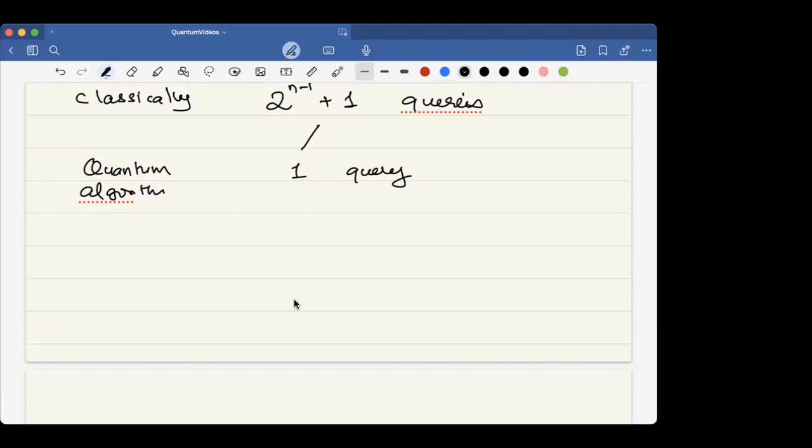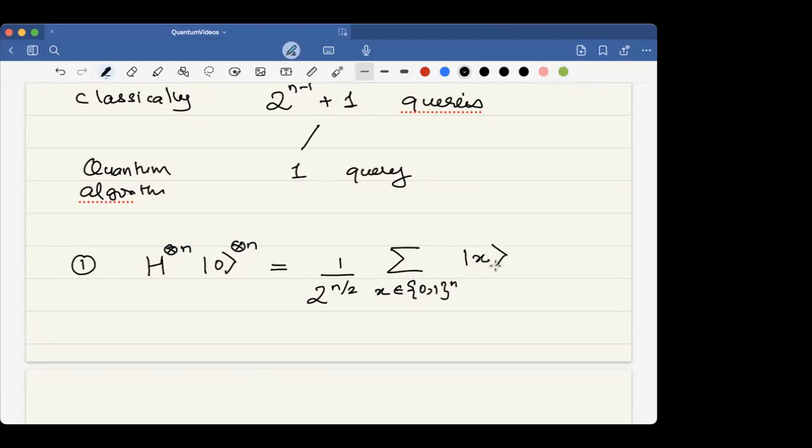Fact number 1 is that if I have a tensor product of Hadamard gates, H tensor n, acting on the all 0 state, this creates a uniform superposition: 1 over 2 to the power n over 2, summation over x in 0, 1 to the power n, of x.